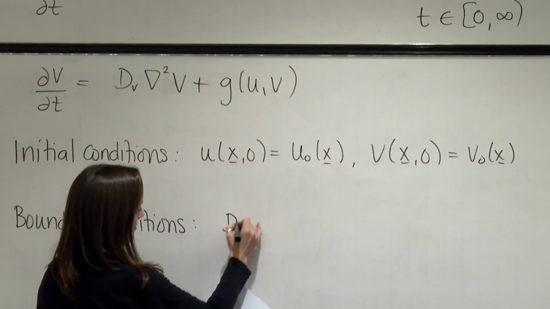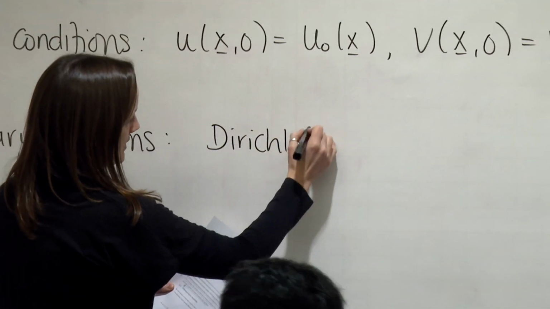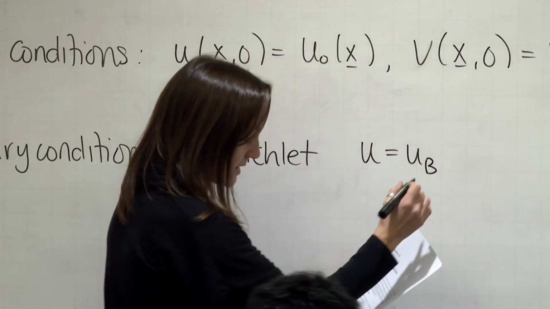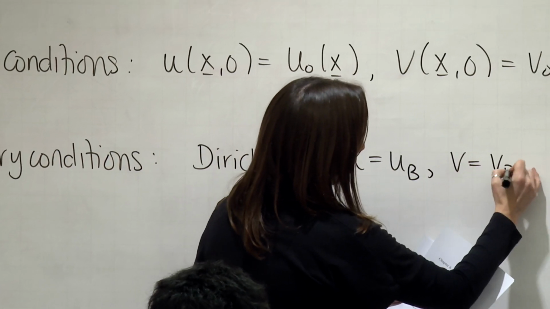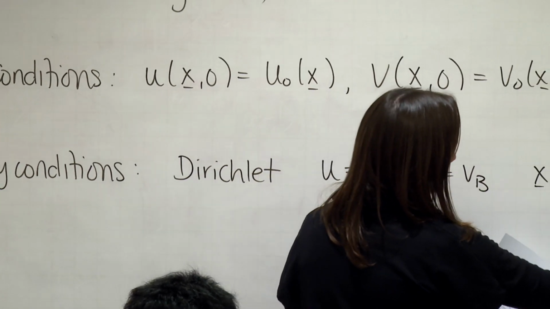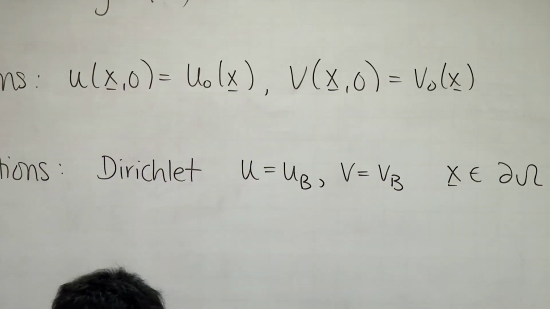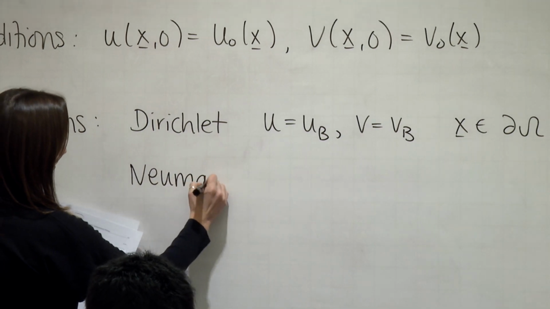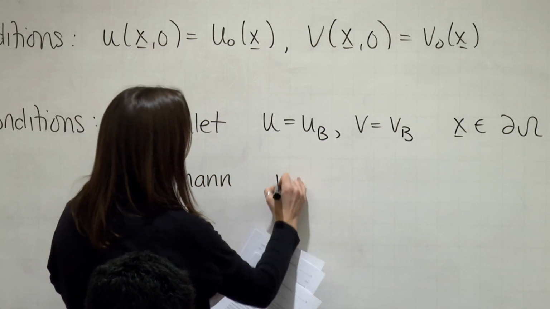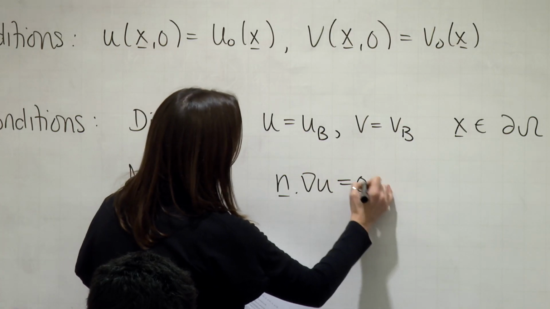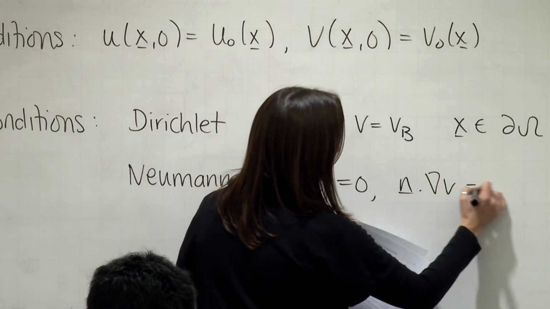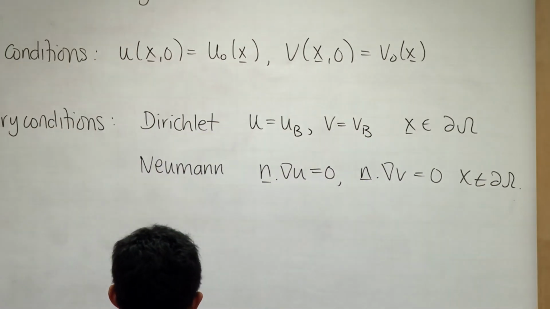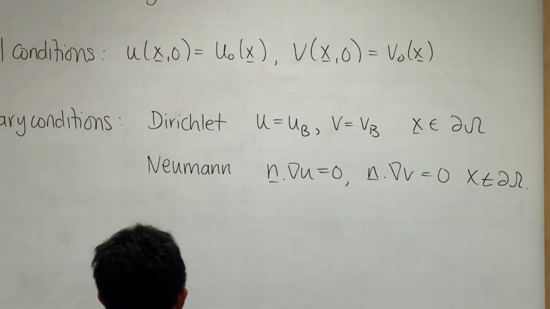We're often going to consider either Dirichlet boundary conditions, so u takes some value UB and v takes some value VB for x on the boundary, or we might want homogeneous Neumann, so n dot grad u equals 0 and n dot grad v equals 0 for x on the boundary, where n is the outward pointing unit normal.